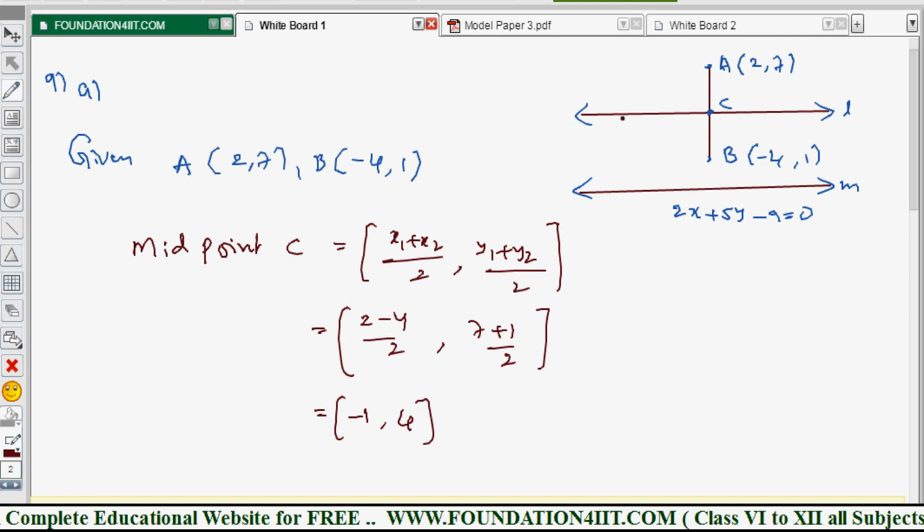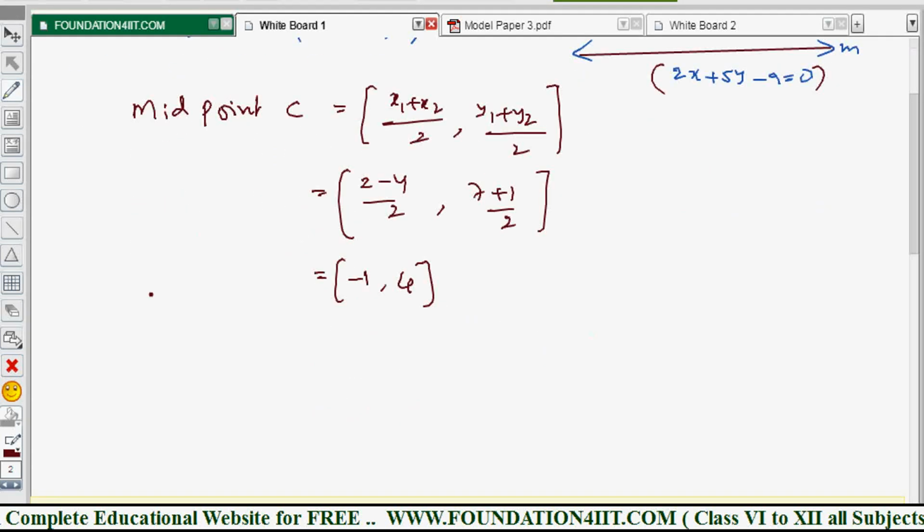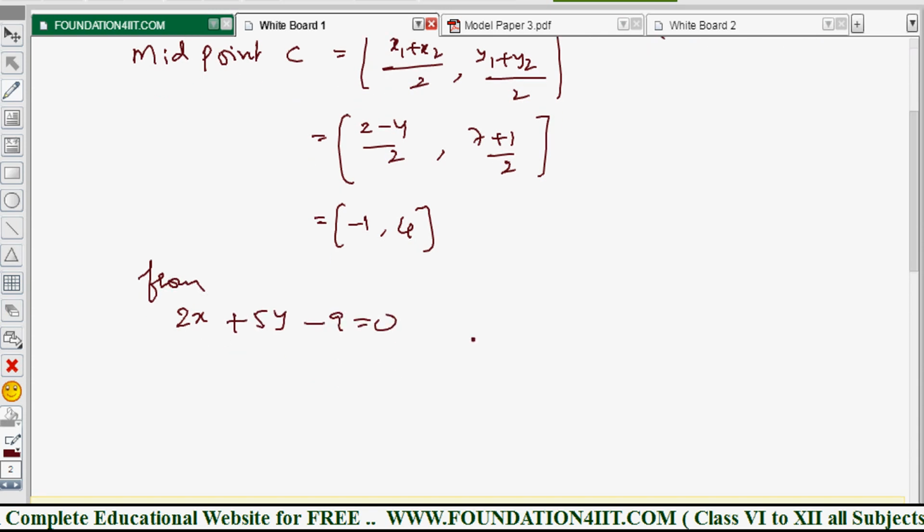Now we need to find the equation of the line, because whenever two lines are parallel, whatever the slope is for this equation, the same slope applies for the other, because slopes are equal. From the given equation find the slope, and the same slope will apply for line L. From 2x + 5y - 9 = 0, convert this equation into y = mx + c format.